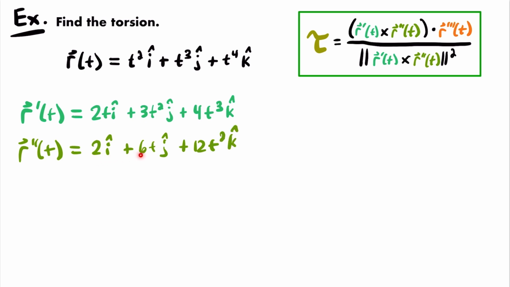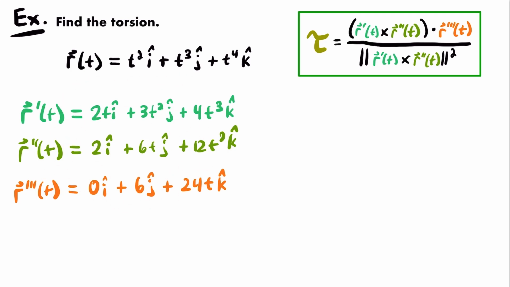I just took the derivative of each component of the first derivative. And then finally the third derivative, r triple prime of t, is the derivative of these components. 2 is a constant, so we get 0 for that. We have 0i plus 6j plus 24t times k.